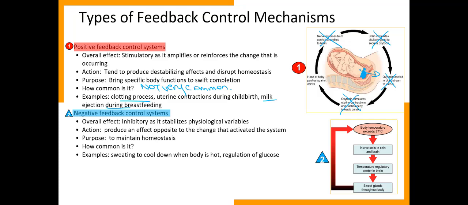Whereas the second type of feedback control system is a negative control system, right? The negative feedback control system is called negative because it is inhibitory. It tries to bring it back down, in the opposite direction.